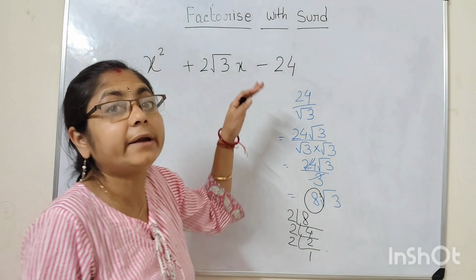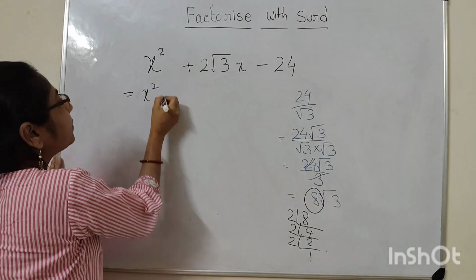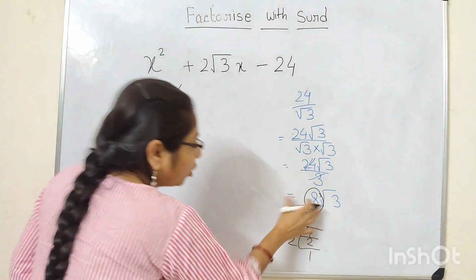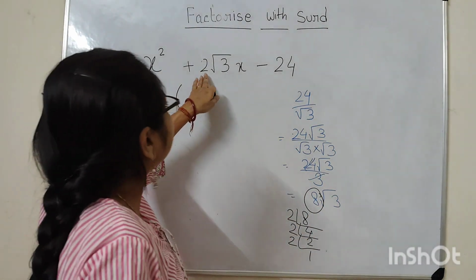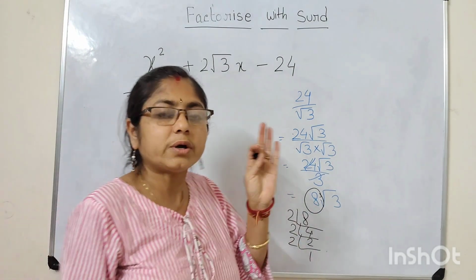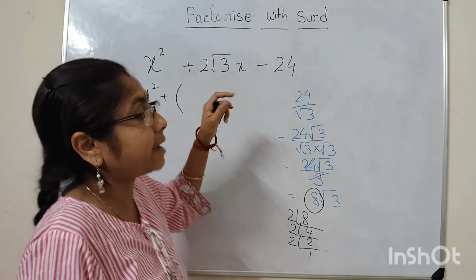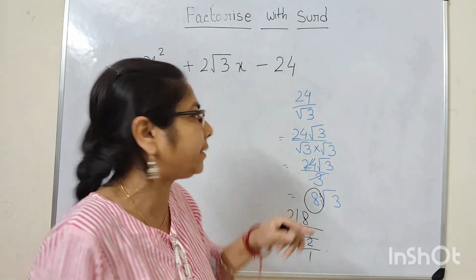Then how can I write it this way? X square first I write plus. You check only that part. Here there is a 2 and that is 2, 2, 2. 3, 2 is coming, so how can I write? I can write, and it is right, not addition, it is the subtraction method we use.